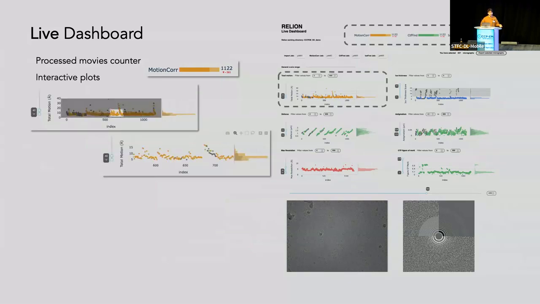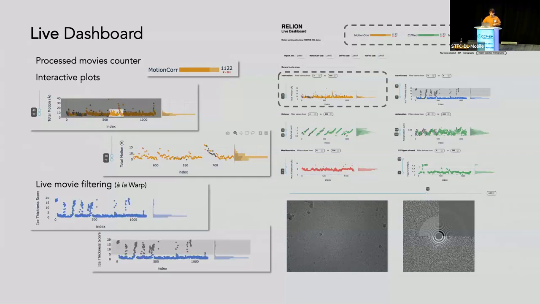It features interactive plots where you can zoom in, pan around, play with the scales, and inspect individual micrographs. And as I said, it has the possibility to add manual thresholds for filtering movies in real time, inspired by how Warp does it. And finally, you can readily take a look at individual micrographs and their CTFs in a micrograph and CTF gallery.